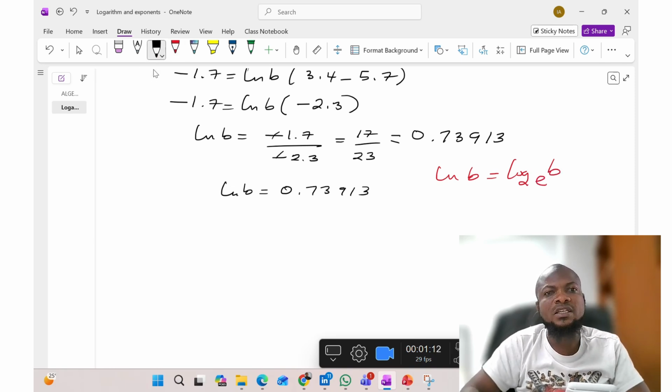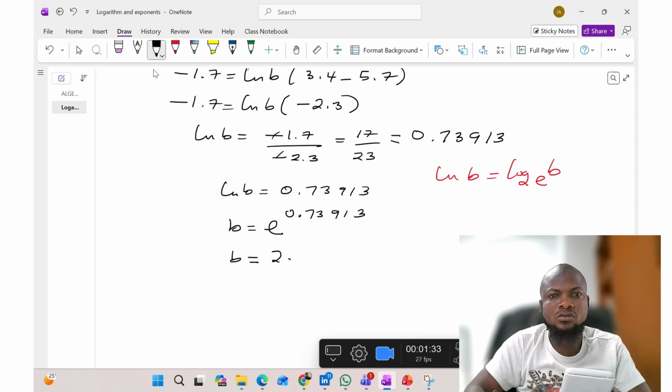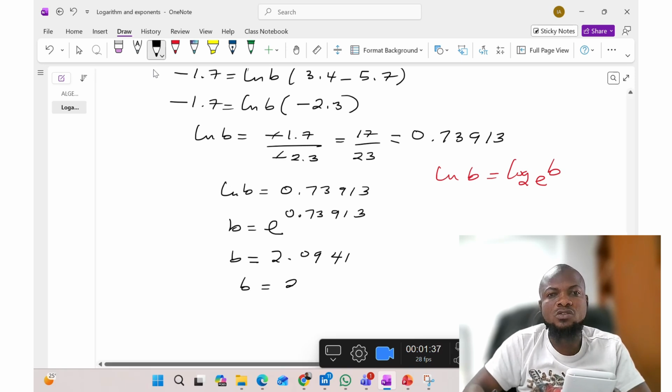So I can write b to be equal to e raised to power 0.73913, and my answer is 2.0941, which is approximately 2.1 to 1 decimal place.